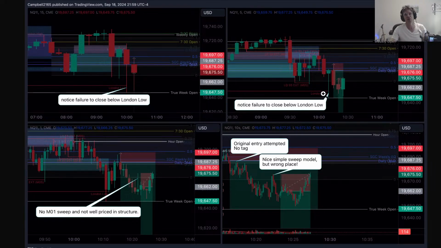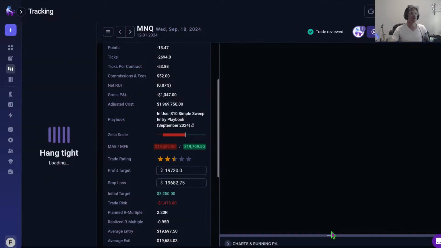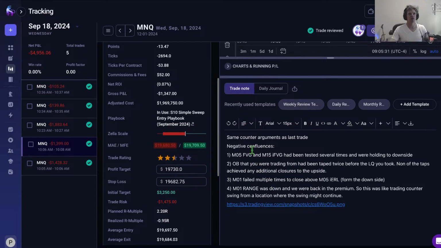We had it close below London low. So this is one of those where the high time frame objective had been met in a lot of ways, and I was trading for the continuation of that before it had come back. If I were going to take a trade, it was from up here. It's not from down here. So maybe a little bit of impatience there.